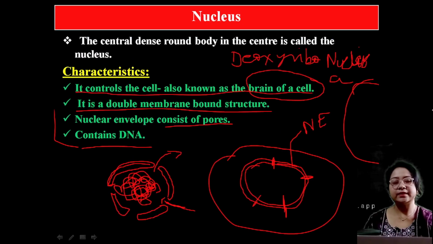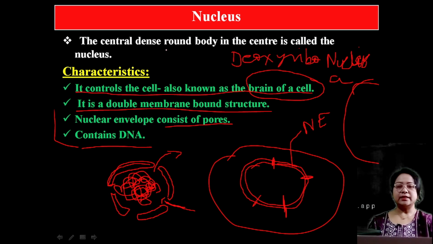The nucleus, as we know, is the central dense round body, also called the brain of the cell because it controls all the functions of the cell. It is a double membrane bound structure called the nuclear envelope, and it has pores which help in the entry and exit of some materials to the cytoplasm.